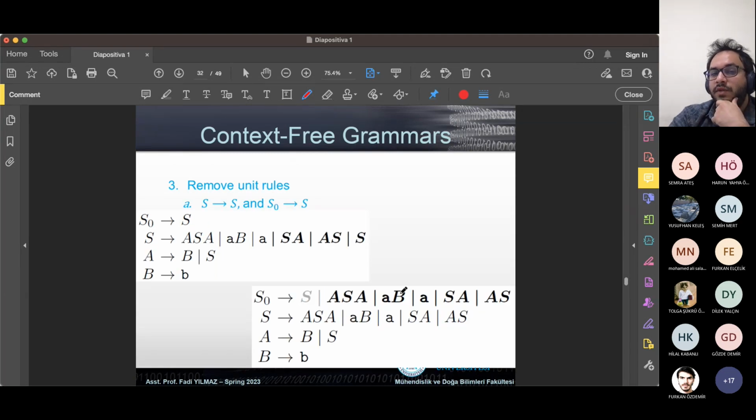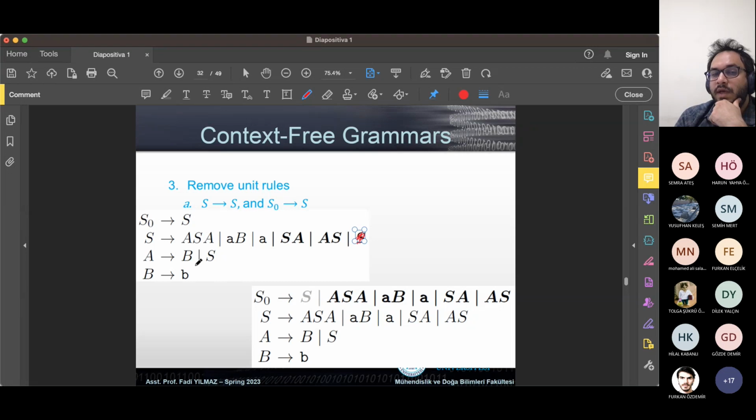Okay, guys. The third step is to remove unit rules, because these violate the Chomsky normal form as well. Unit rule means a rule with just one variable on the right side. So I have S to S, S0 to S, A to B, and A to S. All of them must be removed. First start with S to S. I just delete it, because S to S is meaningless.